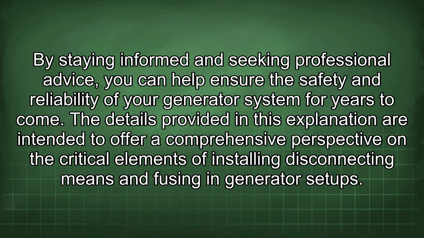By staying informed and seeking professional advice, you can help ensure the safety and reliability of your generator system for years to come. The details provided in this explanation are intended to offer a comprehensive perspective on the critical elements of installing disconnecting means and fusing in generator setups.